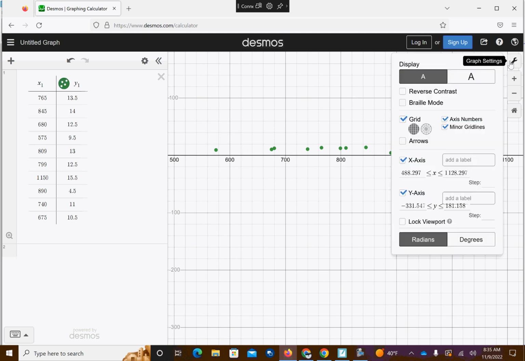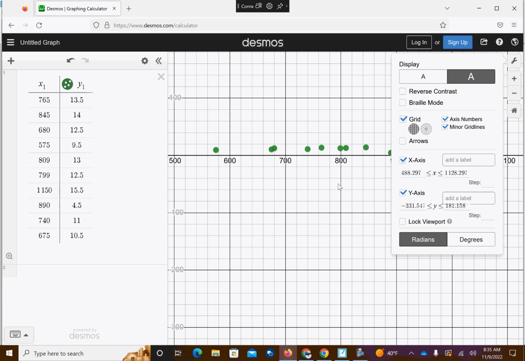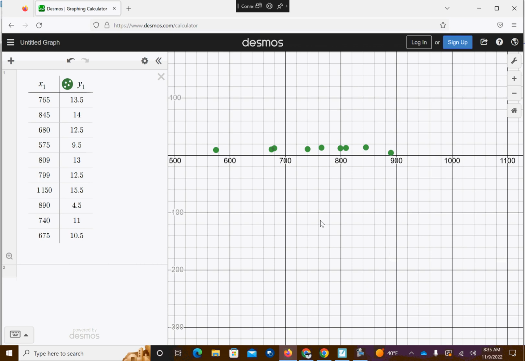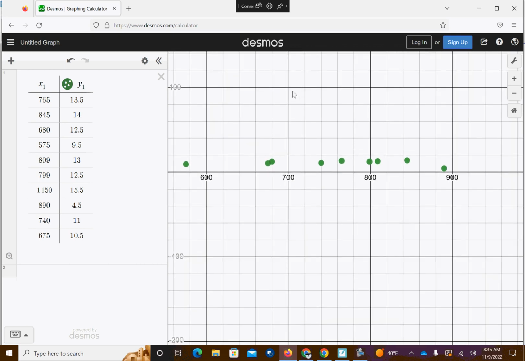It's relatively flat. The reason why it's relatively flat is because my y direction is not varying very much.